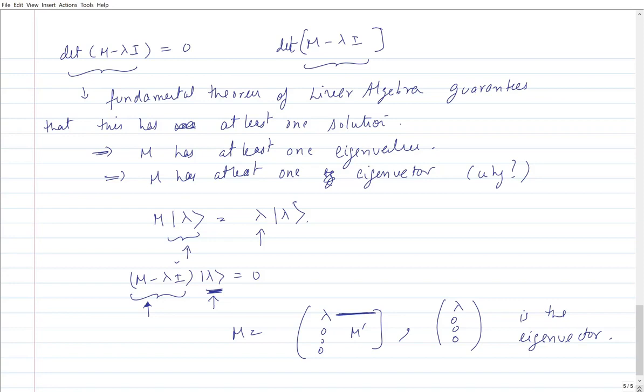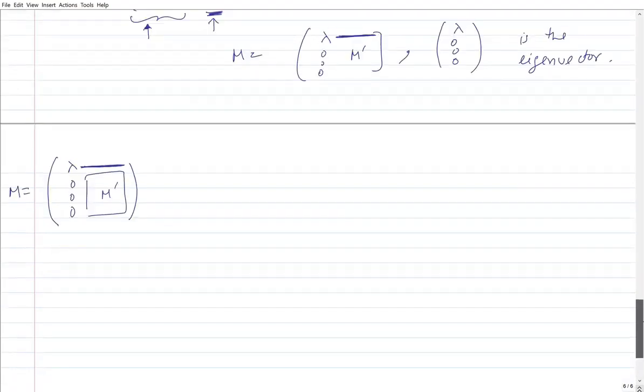Okay, so where are we now? I'll again write it down. We don't know these guys, but we know this is the form of M. I have one eigenvector showing up here.